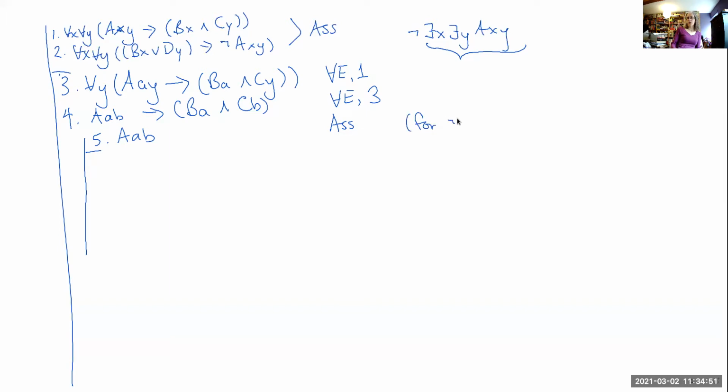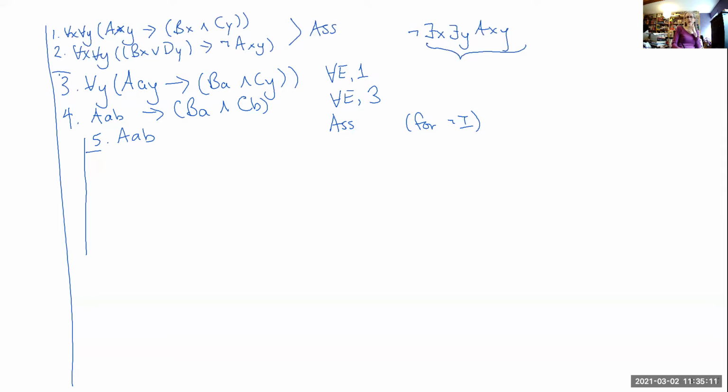So I'm doing this for negation introduction. It might not be completely obvious to you at this point how I know that I can make this assumption. Well, I mean, I can make any assumption I want, but you only want to actually make an assumption if you know what rule you're going to use to get out of it.